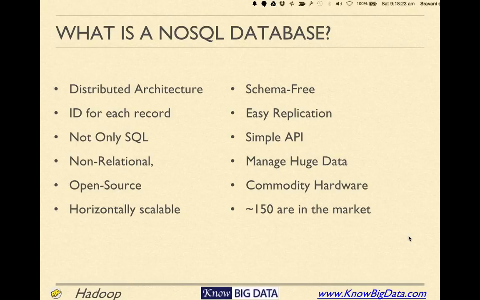I mean, not in Hive, but in the traditional sense, the schema we need to define upfront. So none of the NoSQL databases, not even one, has the schema constraints. Easy replication, simple API, manage huge data, and commodity hardware.